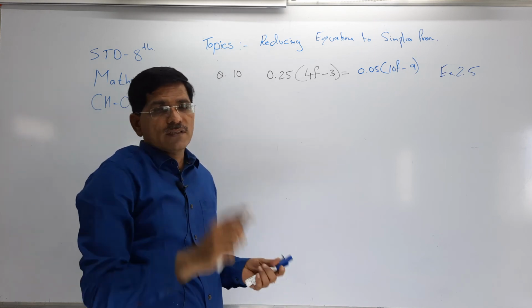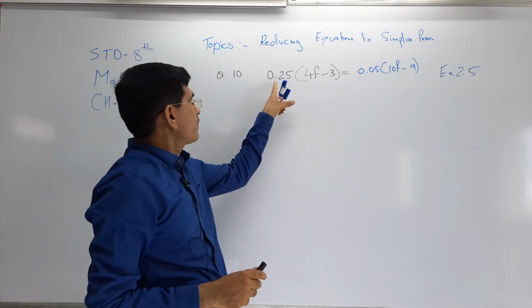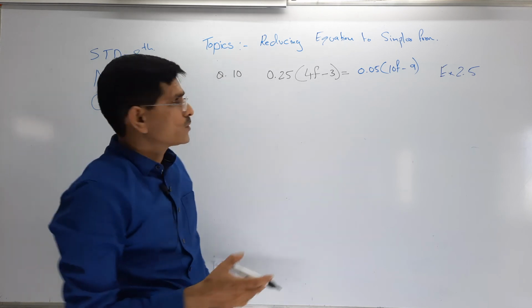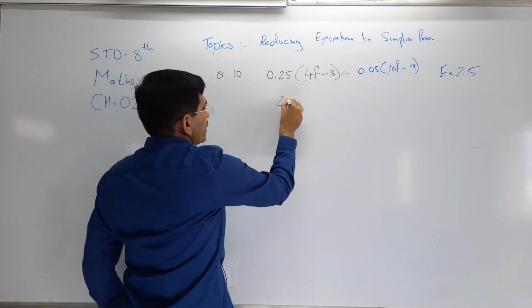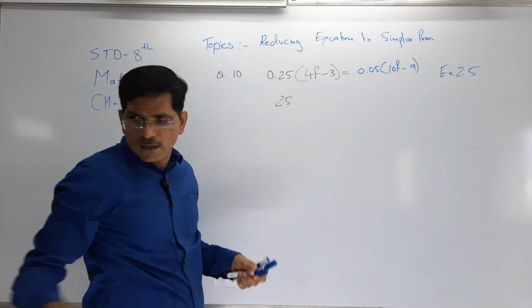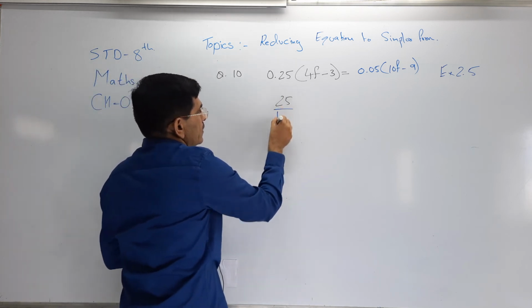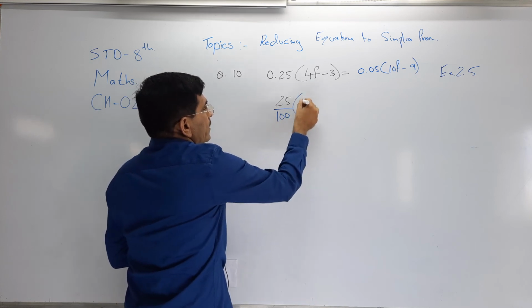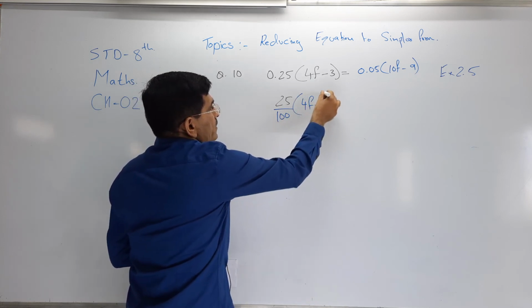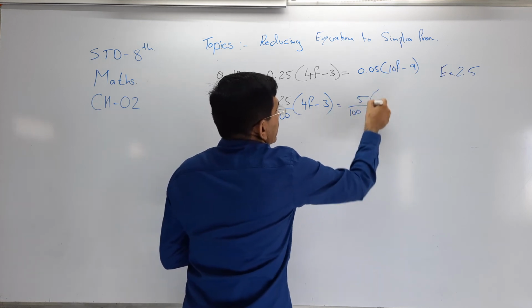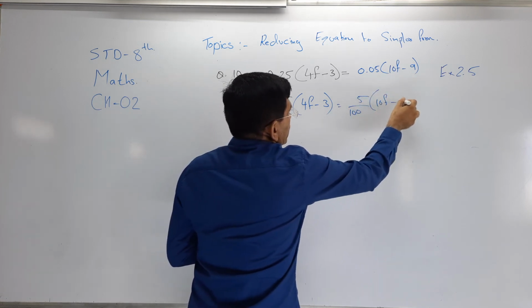So, what is the first step? After the point there are 2 digits, it means decimal term. So, we have to convert 25 upon 100, I have to write, in bracket 4f minus 3, here 5 upon 100, 10f minus 9.